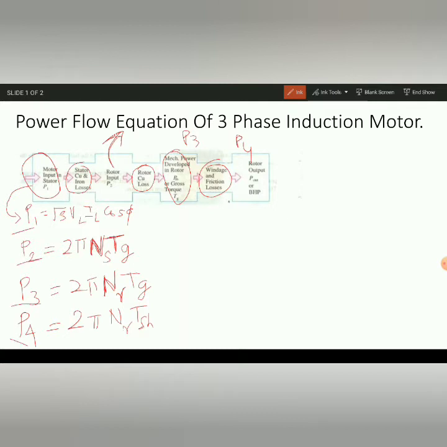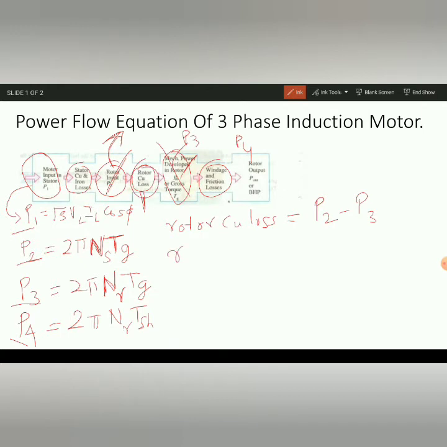Now further, we can try to generate some formulas. Suppose we want to find the rotor input P2 or the rotor copper loss. Let's say we want to find the rotor copper loss. How do we find it? What is the rotor copper loss? It will be P2 minus this loss, so P2 minus P3. When we subtract P3 from P2, we get the rotor copper loss.